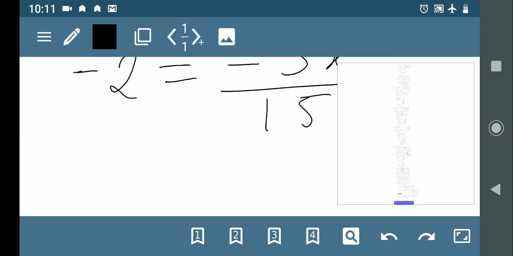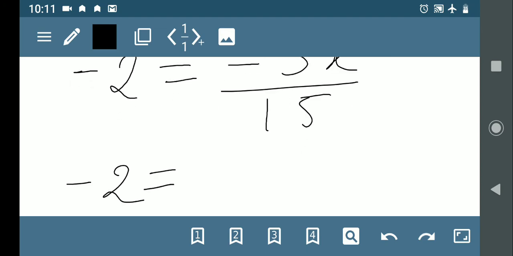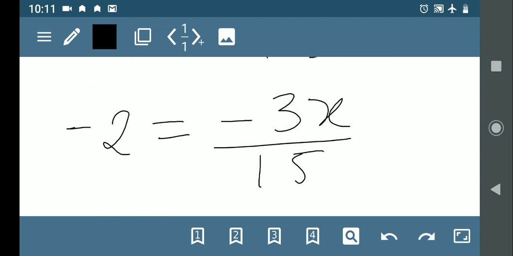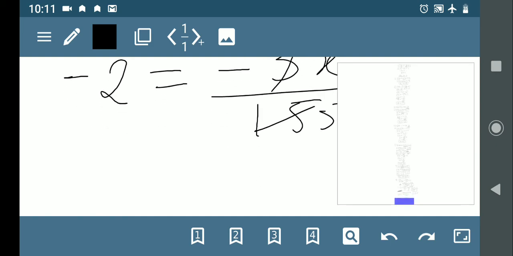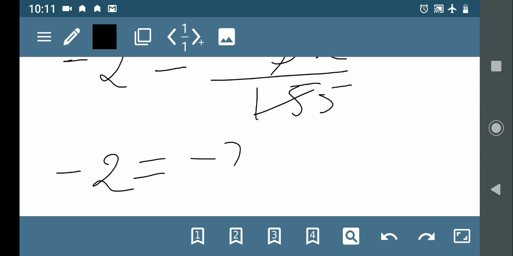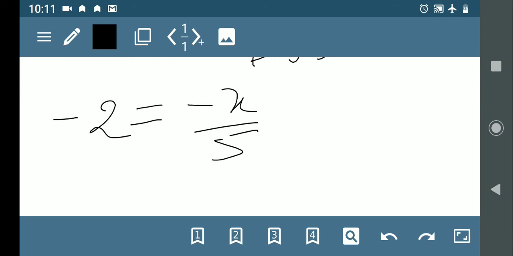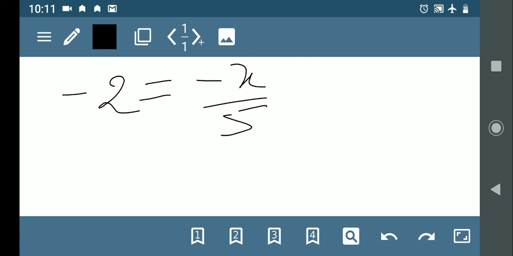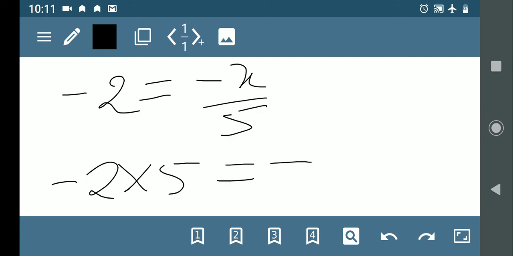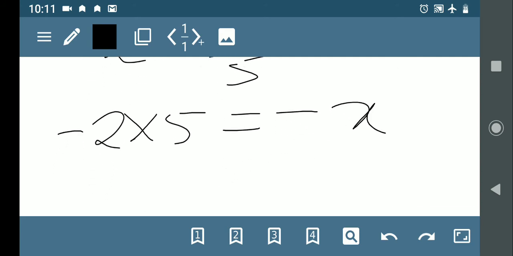So now minus 2 is equal to minus 3x divided by 15. 3 ones are 3, 3 fives are 15. So we'll have minus x divided by 5 here. Send this 5 to the LHS. So minus 2 into 5 is equal to minus x. So minus 10 is equal to minus x.